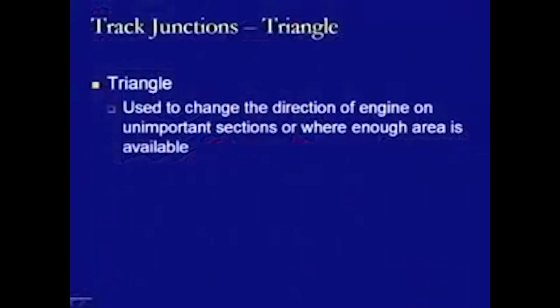Generally it is used to change the direction of the engine on unimportant sections or where enough area is available. These are the 2 conditions. Either the section is not very important or there is a large amount of area available, due to which a triangle can be provided so as to reverse the direction of the engine.